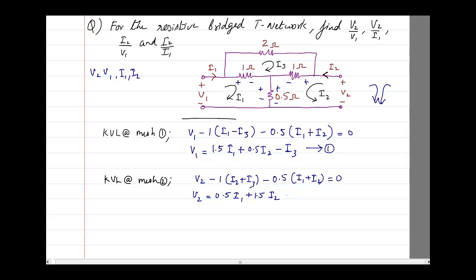And for I3, if I take it to the other side I will get plus I3. That gives me equation 2.